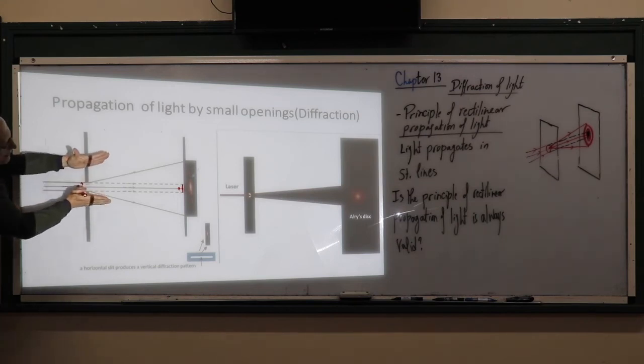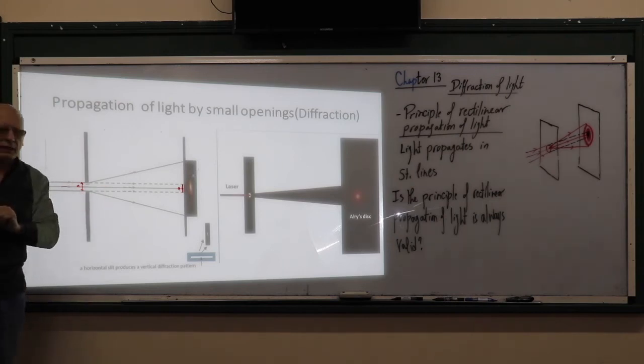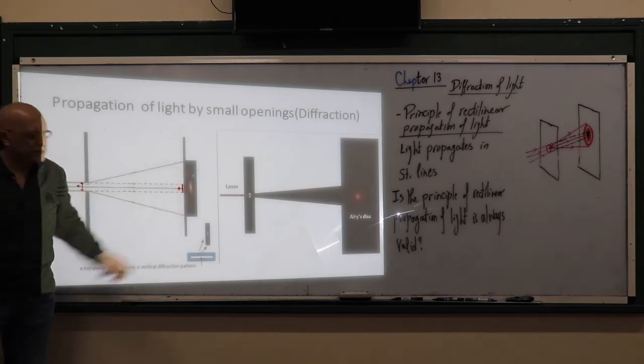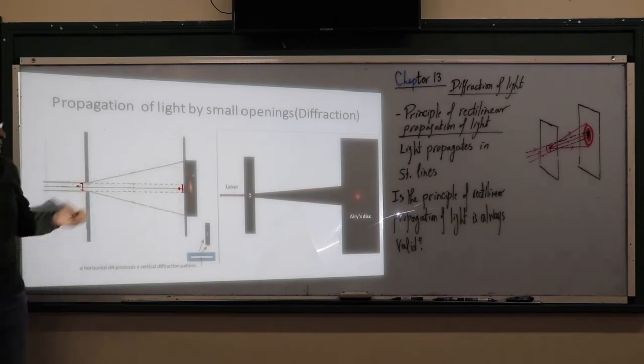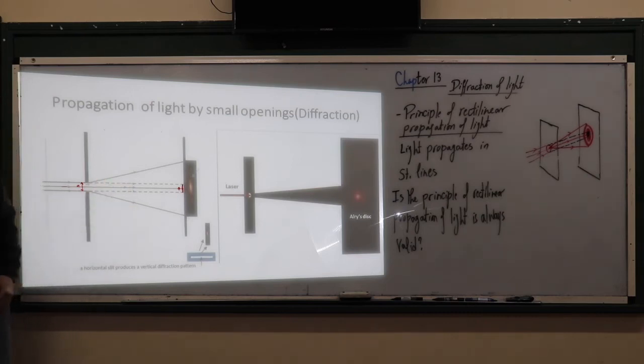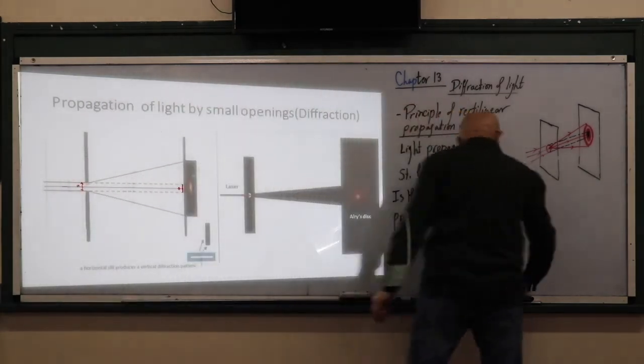It has bended and deviated from its original path. Also, this is called the diffraction of light, or the bending of light. And when you observe such phenomena, you know that there is a diffraction of light. And the principle of rectilinear propagation of light is violated. Okay, more observations.